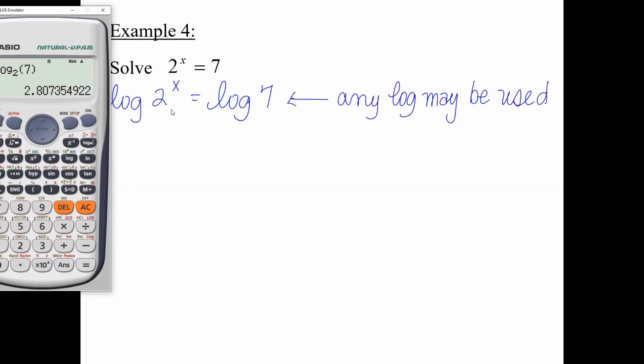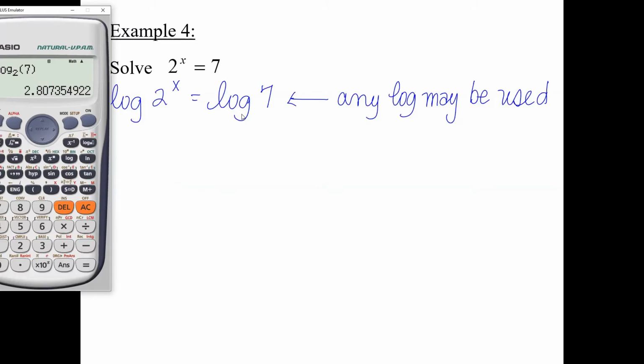Okay. Now, what this disclaimer is saying is I could have used log base 10, which they did use, or I could have used log base 5, or I could have used log base 2, which would have been kind of a nice thing, because log 2 of 2 would have given me x equals log 2 of 7, which we put in here, okay?